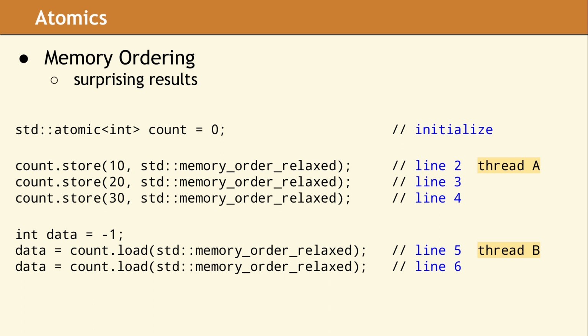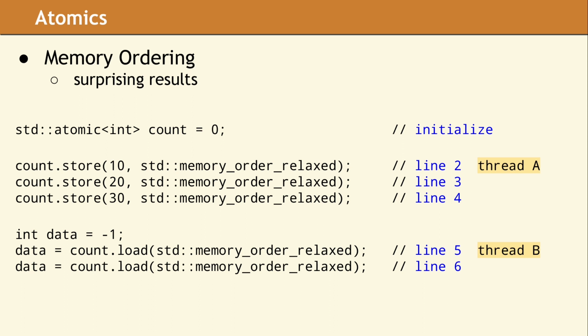In this last example, we have switched to the relaxed memory ordering for all operations. Now the compiler is free to reorder any of these stores and loads, as well as reordering any non-atomic reads and writes. This means the two loads in thread B may see values for count in an order you may not expect.